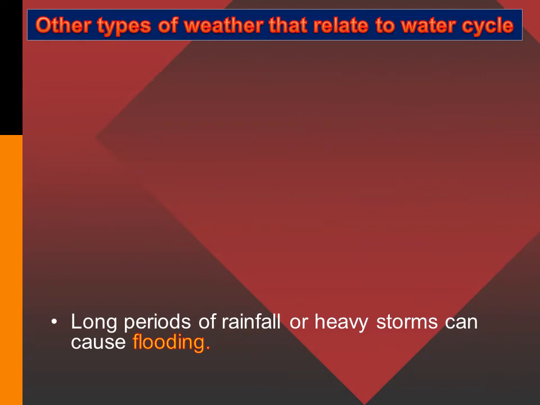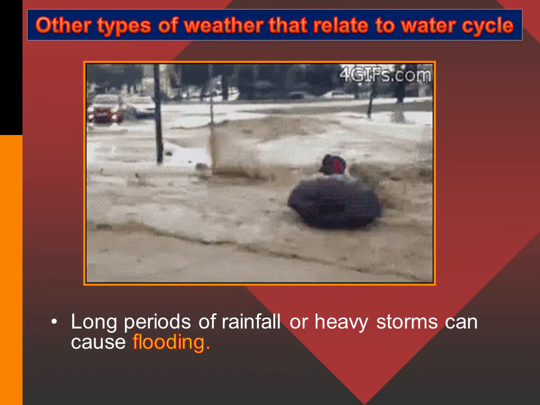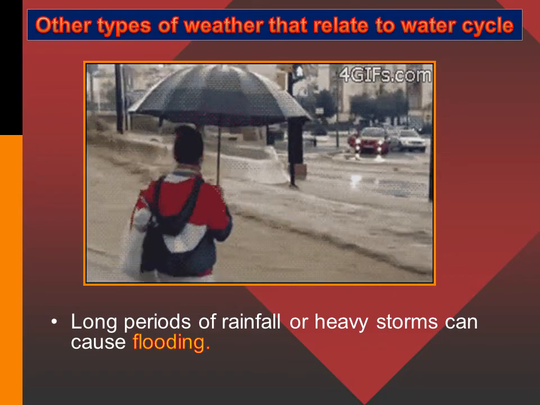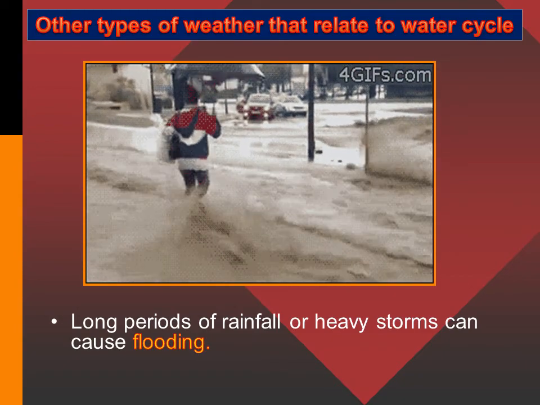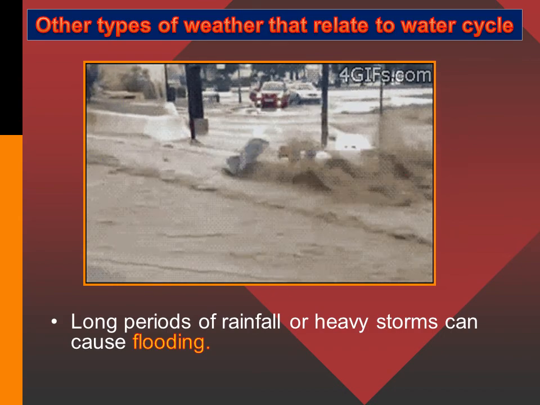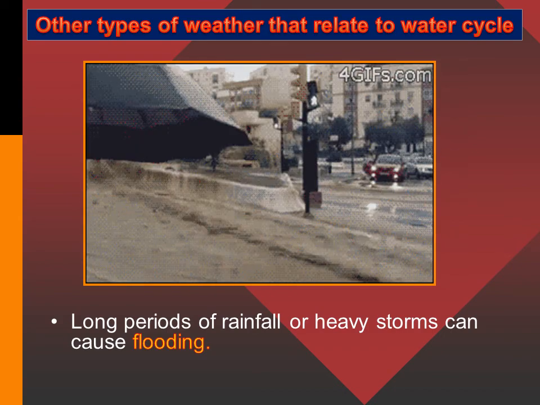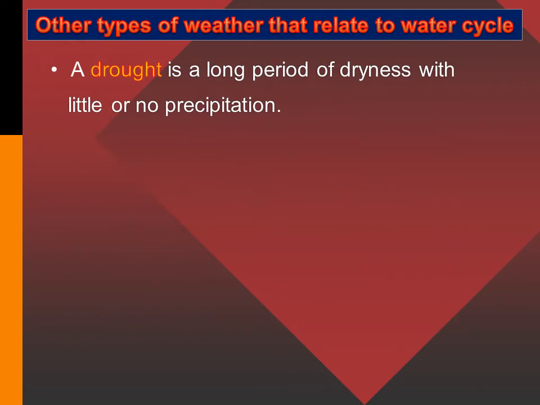Now, a long period of rainfall or heavy storm can cause flooding. This is another effect of the water cycle. Drought is a long period of dryness with little or no precipitation.